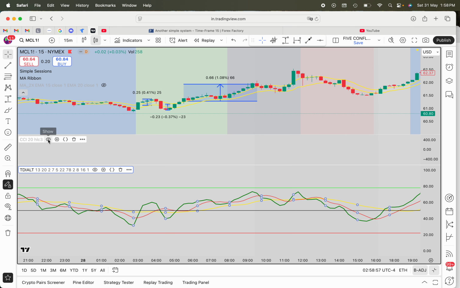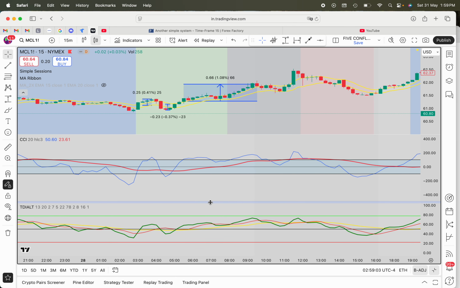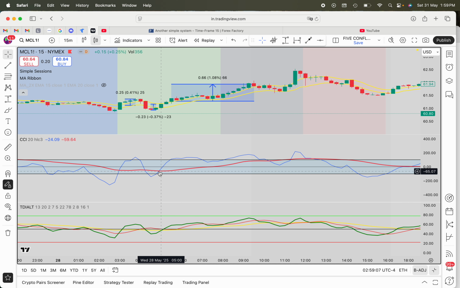I'm just going to put on the CCI and show you something. I don't know if you're going to be able to see it here. The CCI does exactly the same with less lines. I have not found anything to beat the CCI.